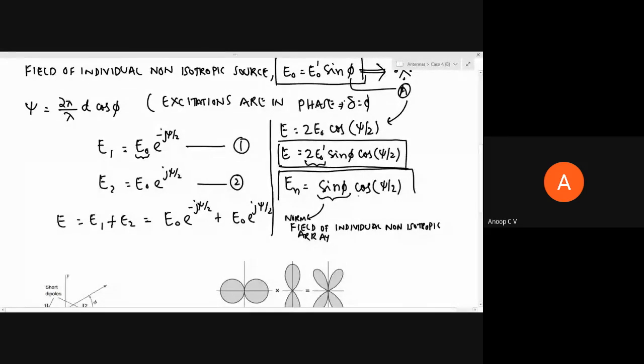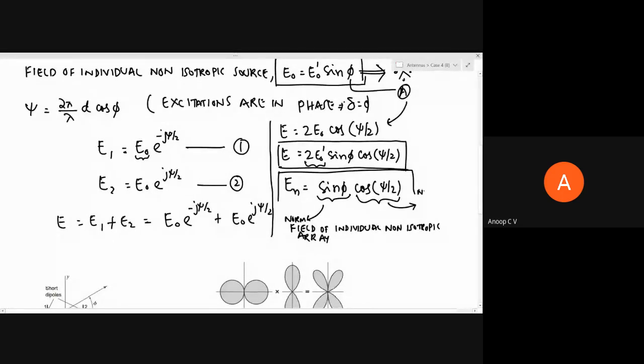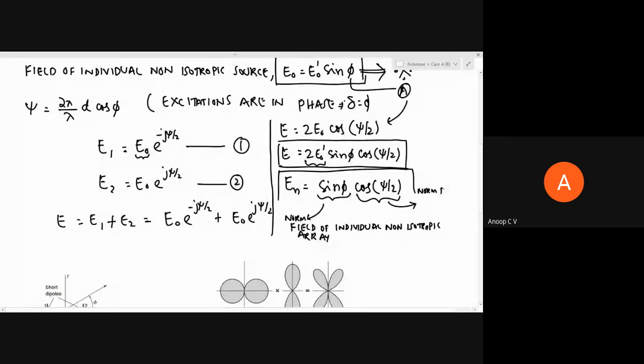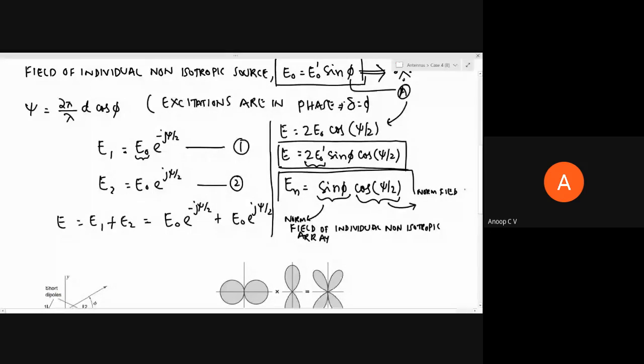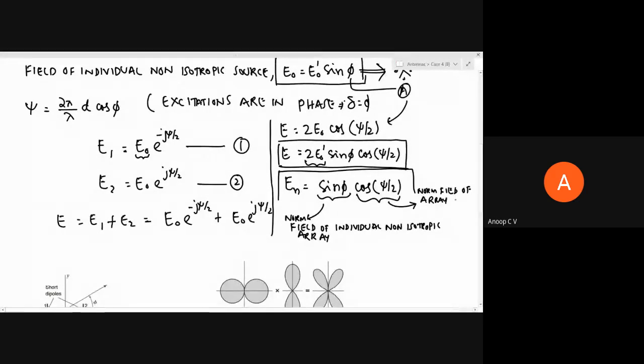And cos psi by 2, if you remember, is the normalized field of an array of isotropic radiators.